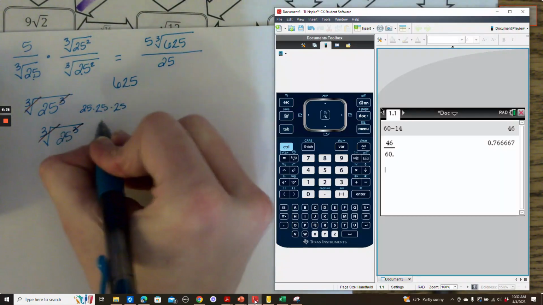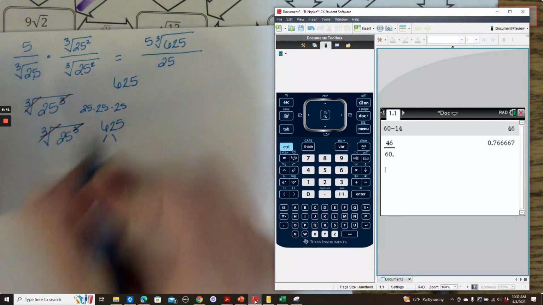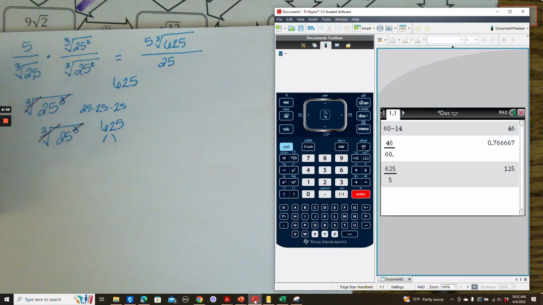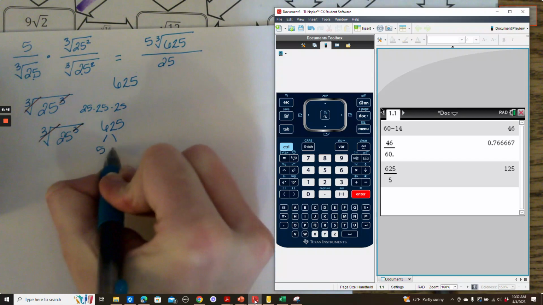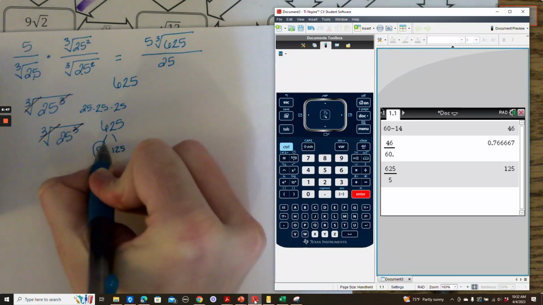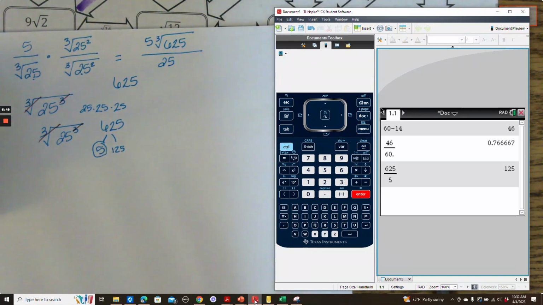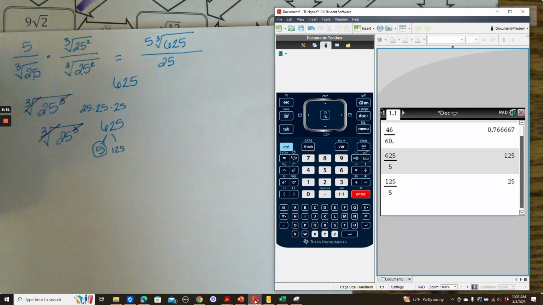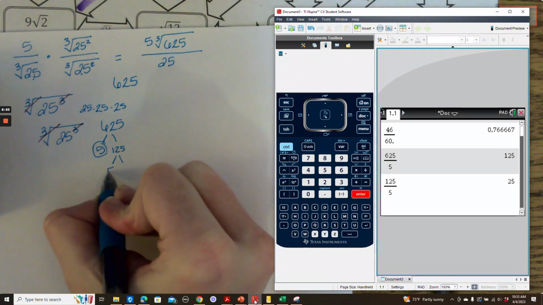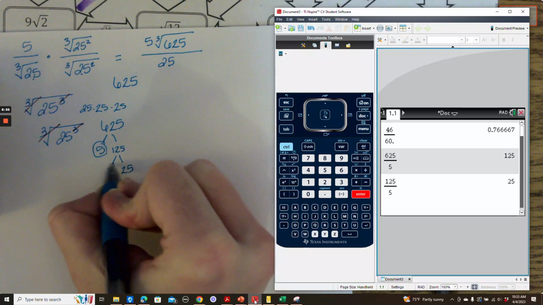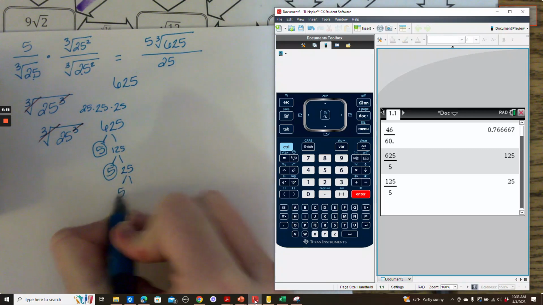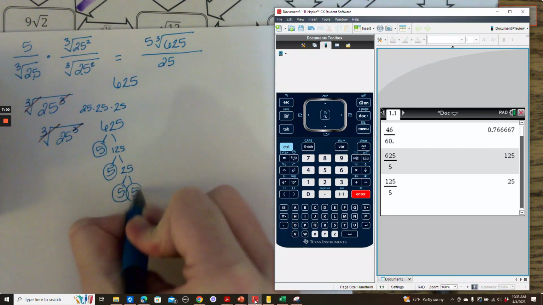All right, 625. Let's break that down. Oop, I kind of messed up my spot there, so let's do it here. 625. We know it's divisible by 5. And 5 is a good prime. 5 and 2 are the easiest numbers to start with when you're breaking it down. 125 is divisible by 5. And then 25 is 5 times 5.